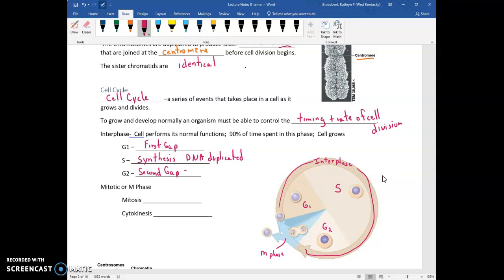And here the cell is preparing to divide. The second gap phase is followed by the M phase. The first part of the M phase is mitosis. This is where the nucleus divides. And then cytokinesis, where the plasma membrane, PM is plasma membrane, pinches in and makes two cells.